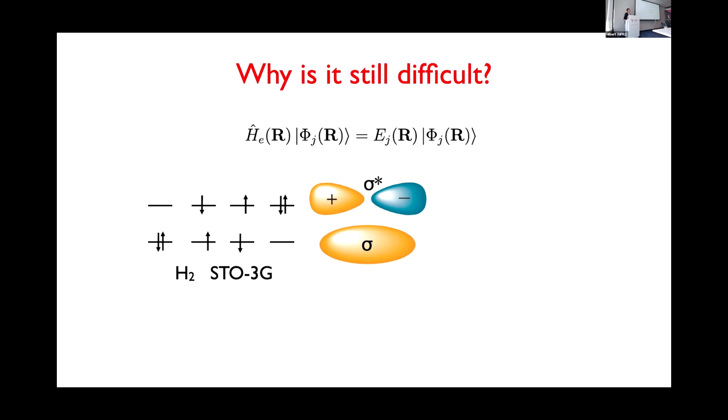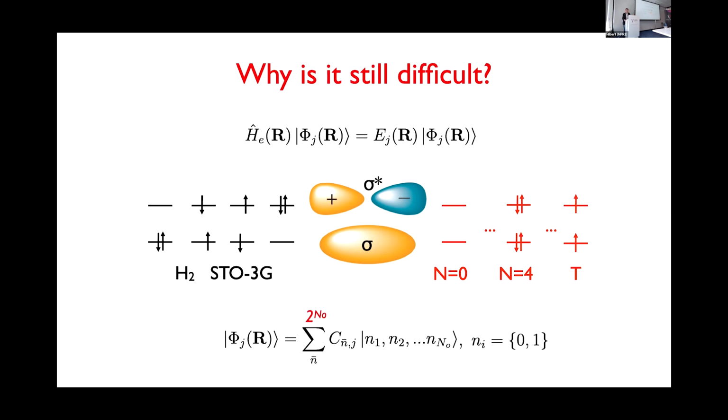And we'll be working in a second quantized form. So instead of considering just 2 electrons for the hydrogen, we actually need to generally consider all possible distributions of electrons and all possible one particle orbitals, essentially.